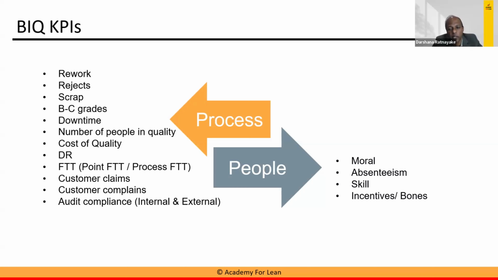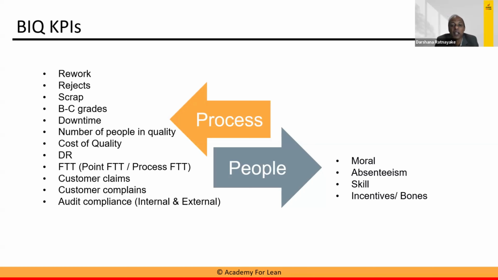At the same time, we discussed the people KPI, how we can get the people's support by adding this KPI for the BIQ journey. This is the important part. I know maybe 90% of companies use process KPI to measure quality, but they are not using people KPI in the quality department. These KPIs go to the HR department in the traditional manufacturing environment.